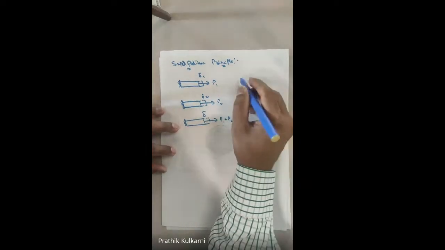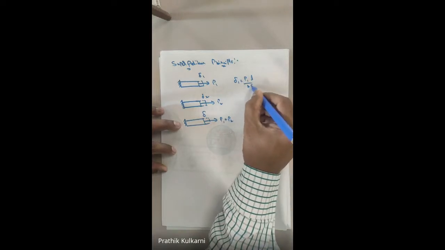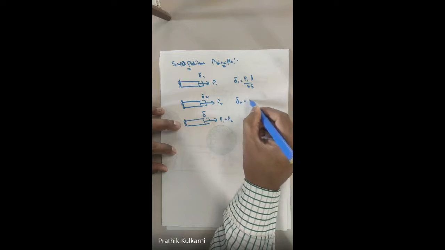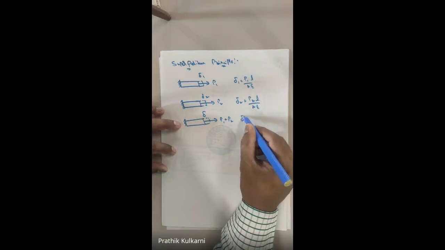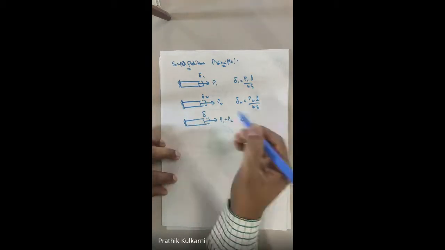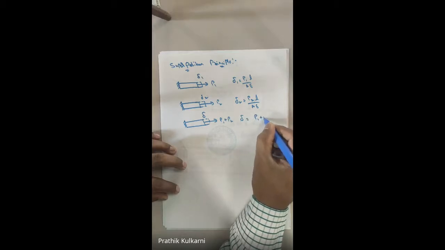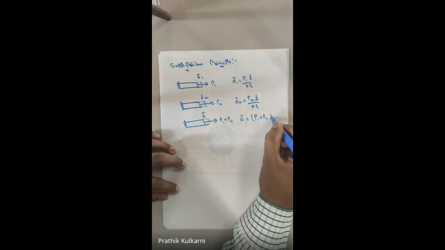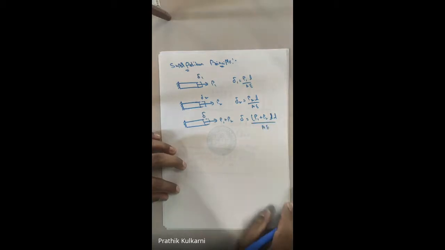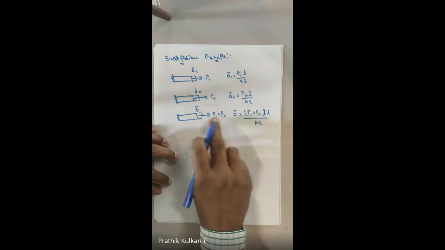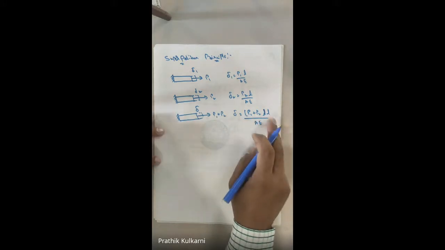Then what is delta 1? Can I write it as P1 L by AE? Similarly, can I write delta 2 as P2 L by AE? And delta 3, or delta, I'll write as P1 plus P2 into L by AE. Yes or no? This delta is equal to PL by AE, so P is P1 plus P2, into L by AE.